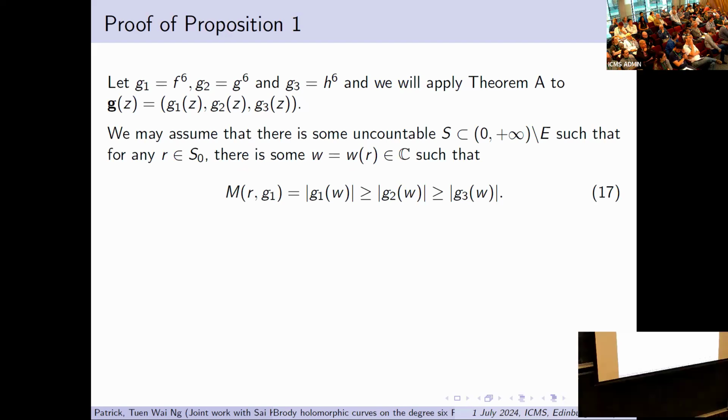First of all, because we only have 3 functions here, you can get an uncountable set S, so that if you take any complex number with absolute value R inside this uncountable set, sorry, this is a typo, should be S, then we may assume the size of each function will be given in this order.